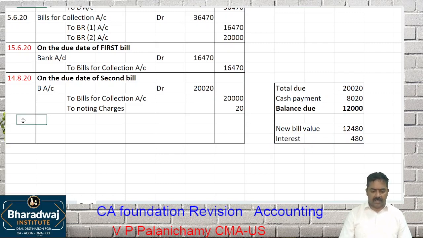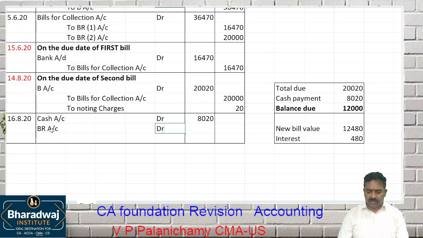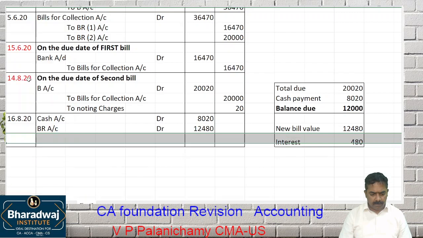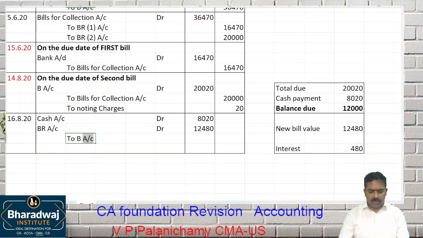For that, we have to pass the entry. That is on 16th August, as given in the question. What is the entry? Debit what comes in? Cash account debit, how much? 8,020. Then bills receivable account debit. What is the bills receivable account debit? 12,480. To B account, 20,020.